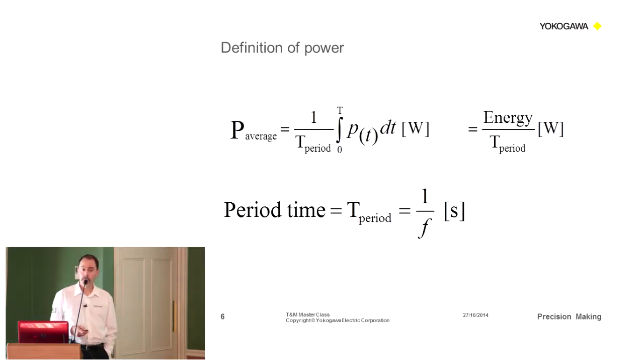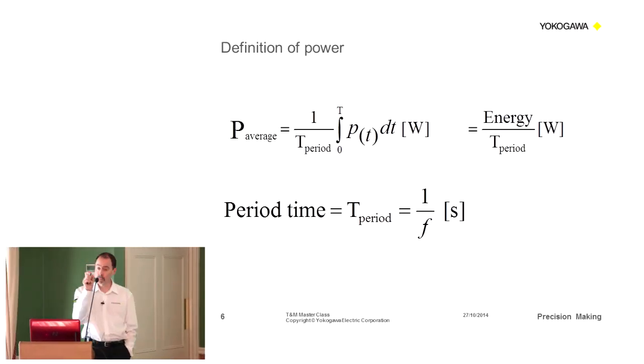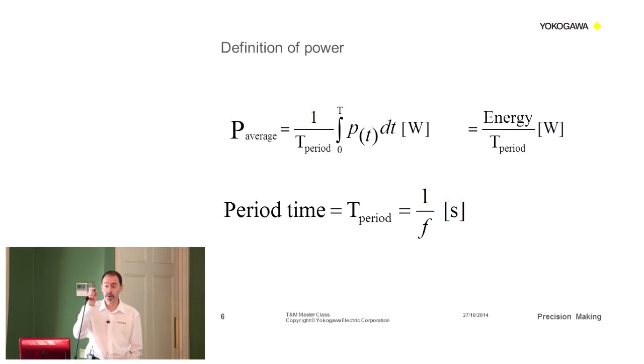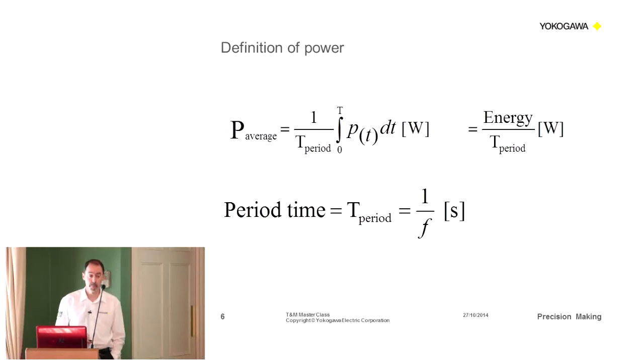Let's quickly look at the definition of power in its basic sense. Basically we have an integration going on. We've got tiny differences of power, which are sampled at whatever rate your instrument is sampling at. Generally speaking, these days we're sampling voltage and current simultaneously, multiplying them together in real time.